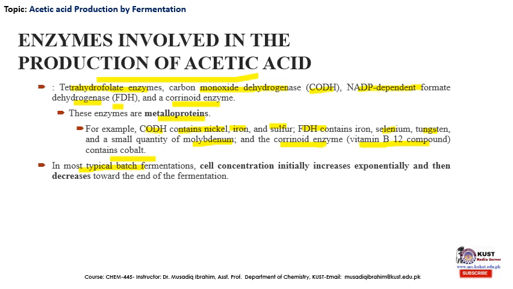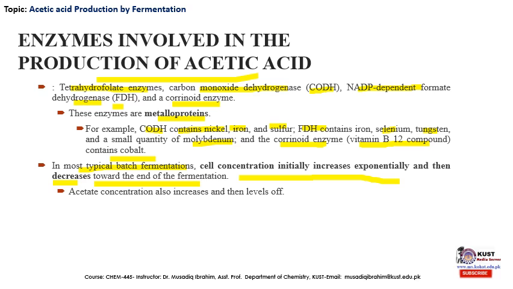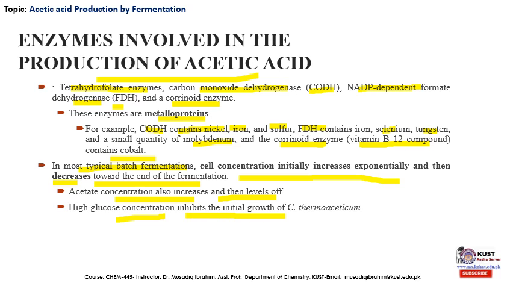Now, in most typical batch fermentation processes, cell concentration initially increases exponentially and then decreases. This we have discussed in detail in the fermentation process lecture. Towards the end of the fermentation, acetate concentration also increases and then levels off, which means that it becomes stagnant. High glucose concentrations inhibit the initial growth of Clostridium thermoaceticum.